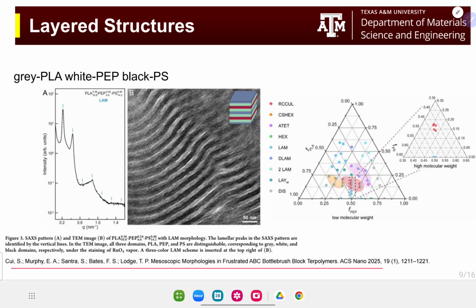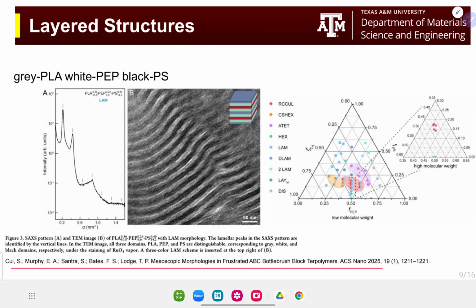So this staining method produced strong contrast. Here, the PEP domains appeared white, PLA domains appeared light gray, and PS domains black, enabling clear morphological visualization. So here, the LAM phase was identified by the appearance of sharp diffraction peaks in the SAXS patterns.